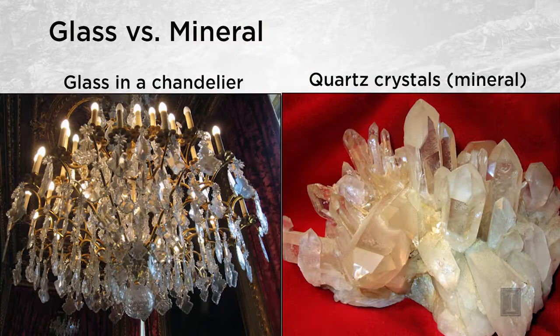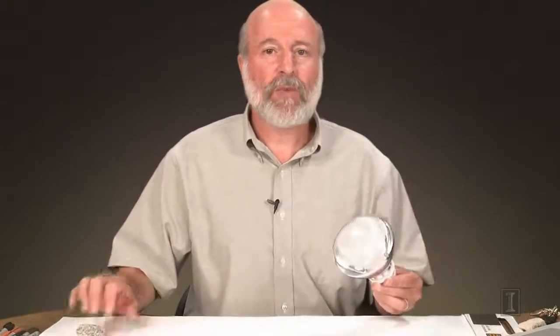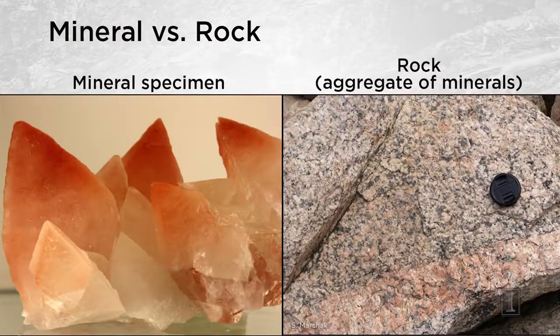Another distinction is between glass like in glasses, glass in windows, glass in lights, and so forth, and minerals, such as the individual grains that make up this piece of rock. Well, we'll see that there are very distinctive differences in the internal characteristics, the way the atoms are arranged within a glass versus within a mineral. Finally, there's the distinction between a mineral and a rock.